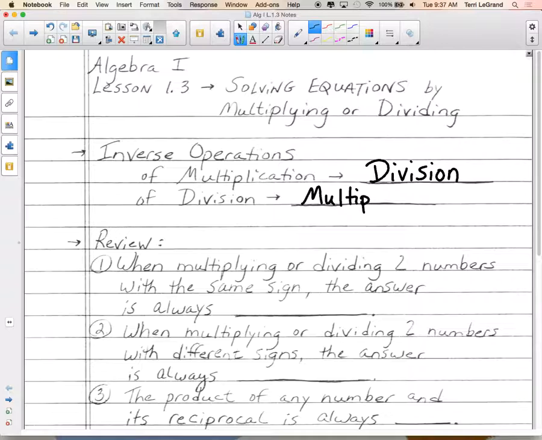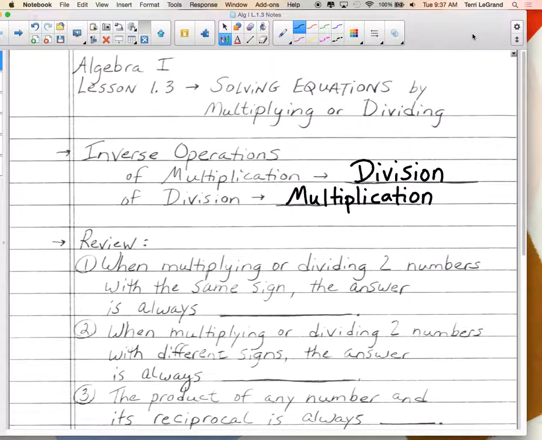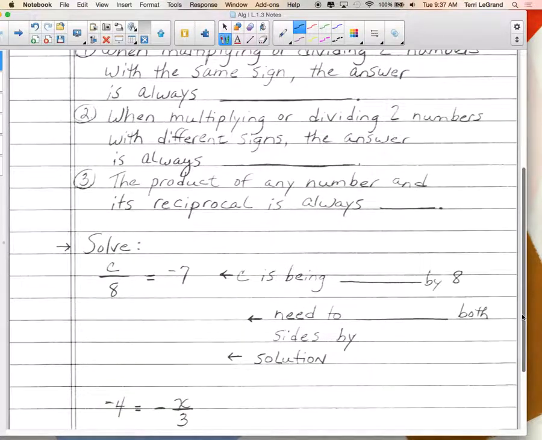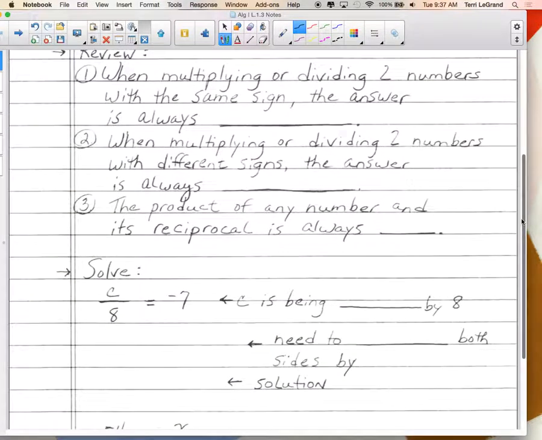They are inverse operations. Division and multiplication undo each other. They are inverse operations. Okay, so we're going to use the inverse operations of division and multiplication today to help us solve equations.